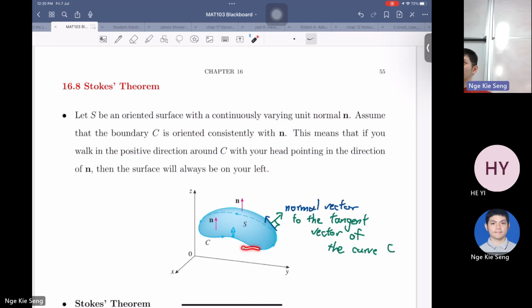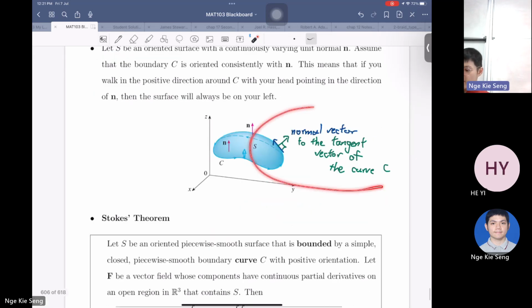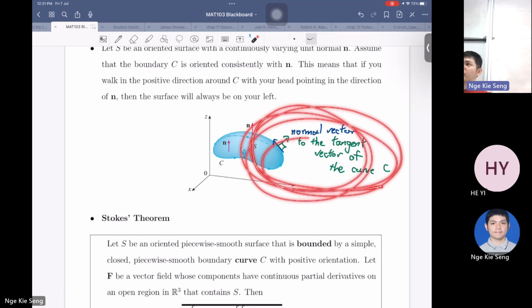This is a way to see it, but to find it, use the right-hand rule.